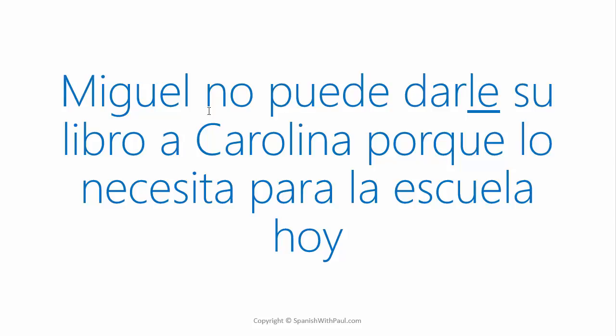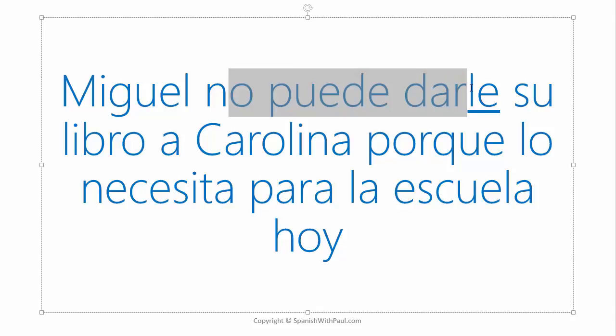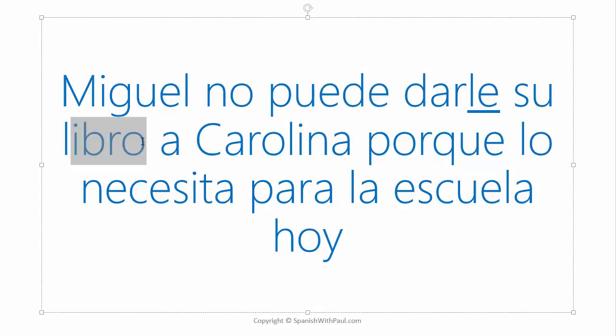So here we have Miguel can't give to her his book to Carolina because he needs it, porque lo necesita for school today, para la escuela hoy. If you said por, thinking that the reason why was school, I can understand. But what you need to understand is that we are already here explaining the reason why. Okay, so he can't give his book to Carolina, and now here's the reason why. We're stating porque. He needs it for school.